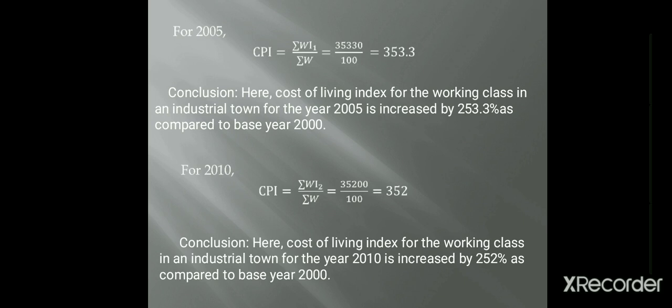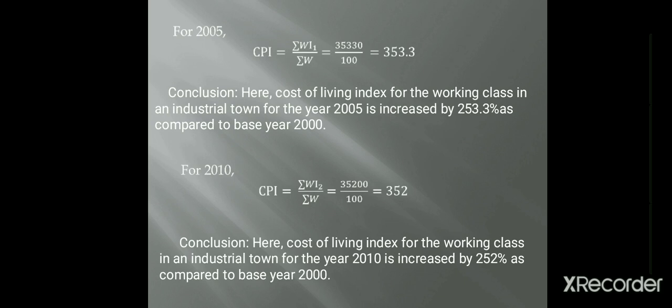Similarly, for 2010, consumer price index is summation Wi2 divided by summation W. Substitute the values from the previous table and it is 35,200 divided by 100 is 352.